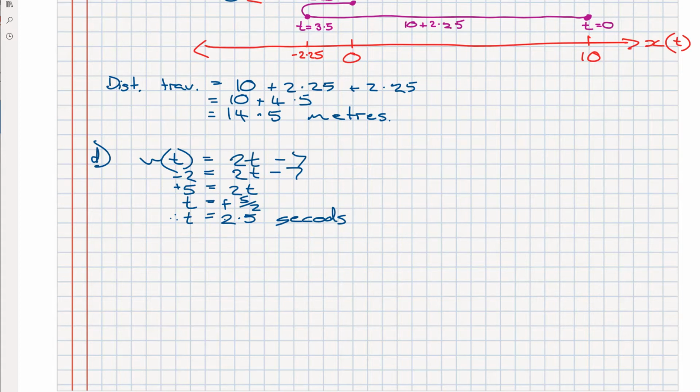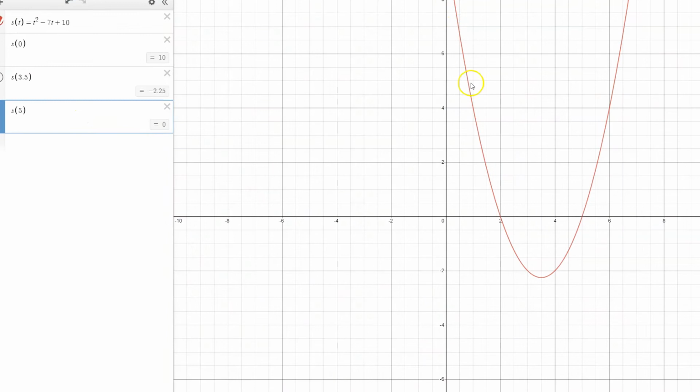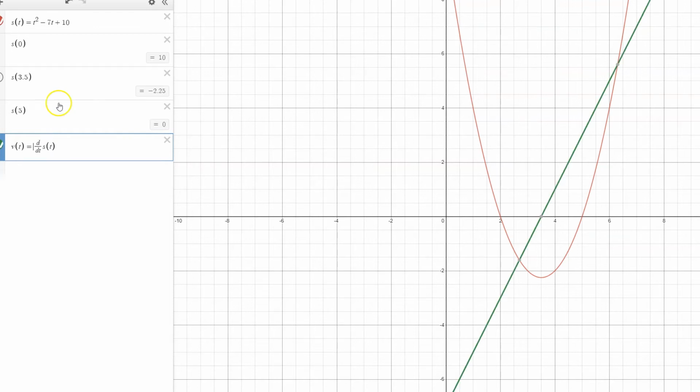Having a look at that on Desmos, we can visualize that by grabbing this function here, going d over dt of that. That's going to be our function describing velocity, and then it's asking when is it going to be -2.